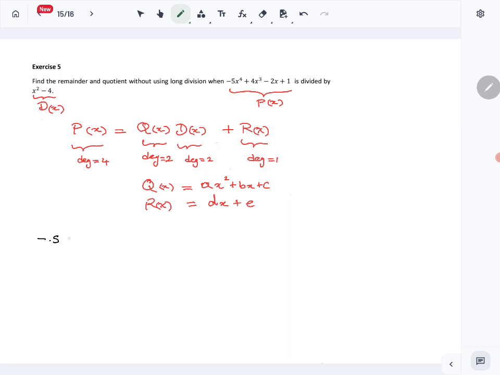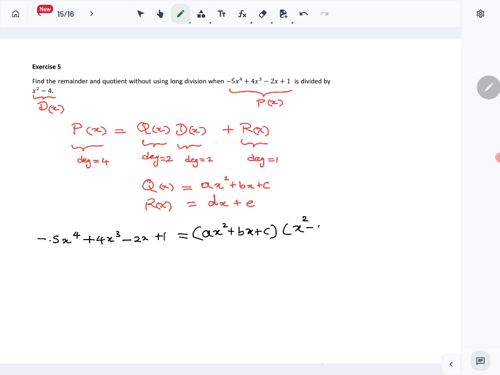Okay, so the dividend P(x) is 4x cubed minus 2x plus 1, equal to what? Now the quotient I took as ax squared plus bx plus c, because I know it is a degree 2 polynomial, no? Because the divisor is degree 2, for the dividend to be degree 4 it has to be a quadratic.